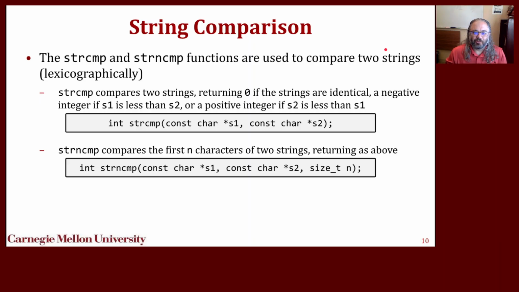So the interpretation of the return value is very important here, and this is where it really helps to look up the documentation for the strcmp function to make sure you're interpreting the comparison value correctly. strncmp does a very similar comparison, except it's only based on the first n characters of the two strings, or up to the first n characters of the two strings, and it returns similar to the first one.